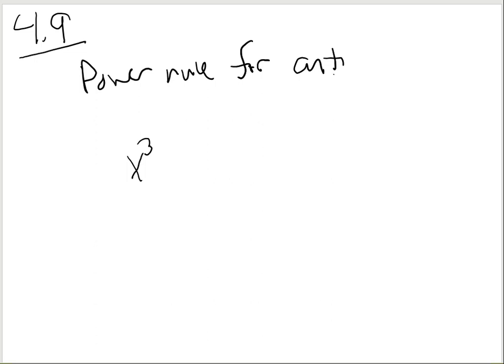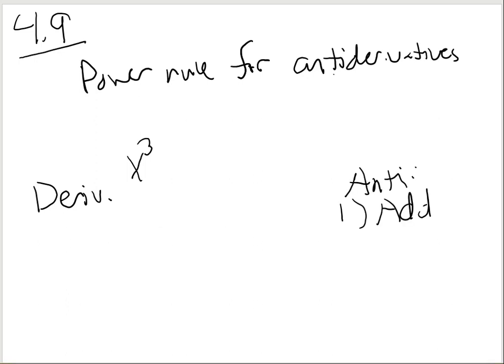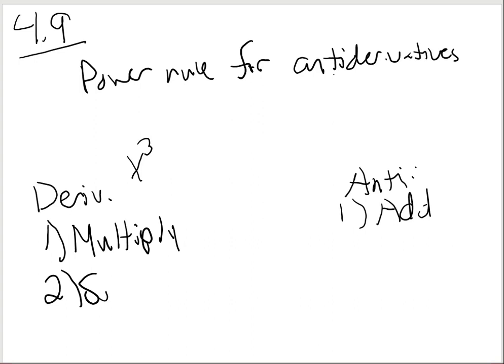We know there's a power rule for derivatives. That is, for derivatives, you multiply first, then you subtract the power. So you multiply, then you subtract the exponent.